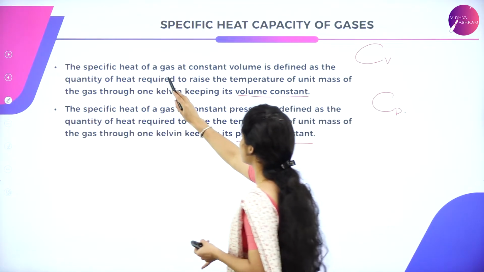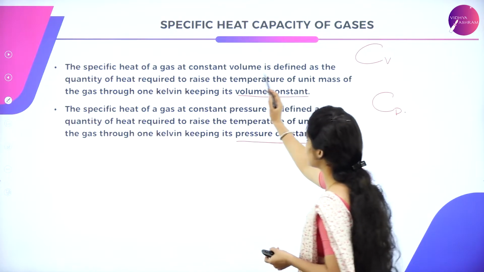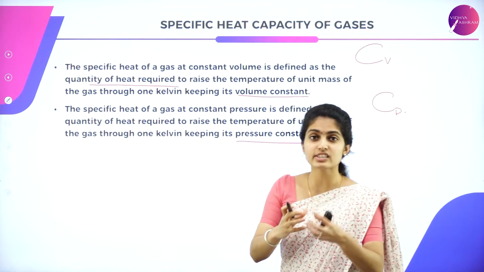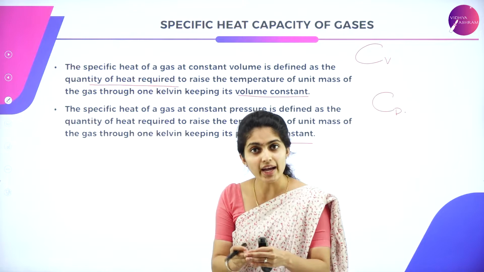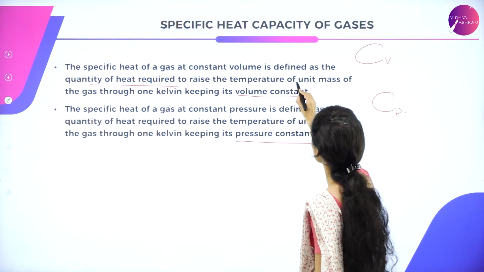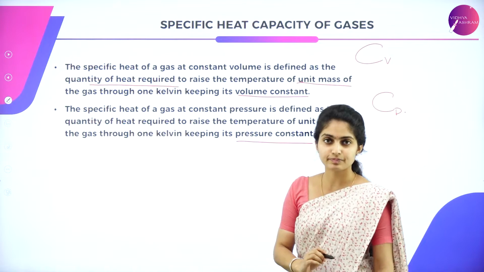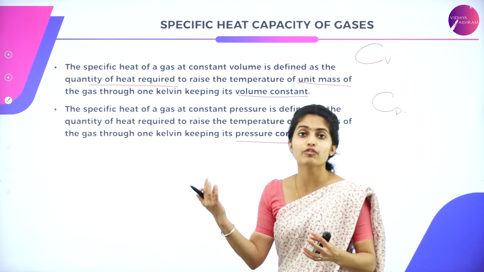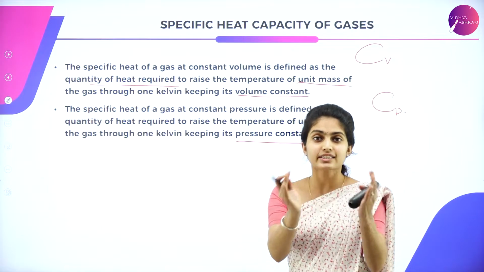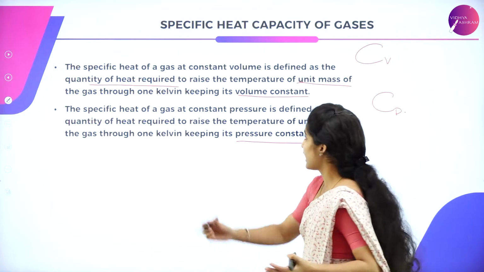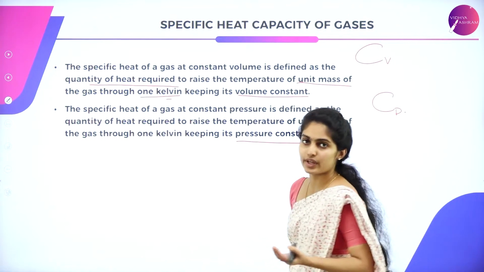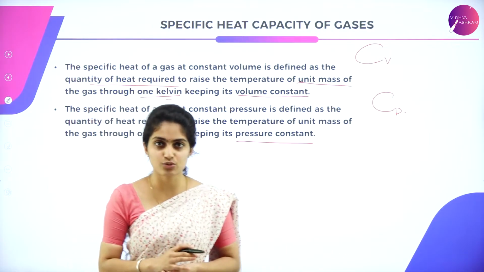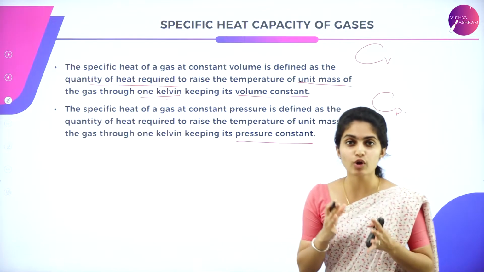Here the specific heat of a gas at constant volume is defined as the quantity of heat which is required to raise the temperature of unit mass of a gas through 1 Kelvin, because here we keep the volume constant.